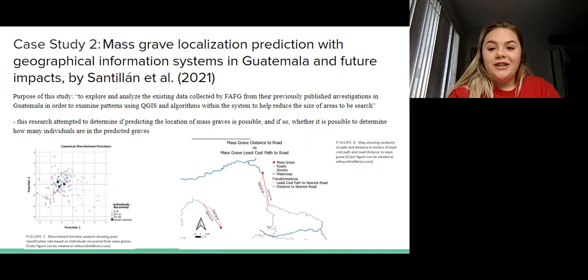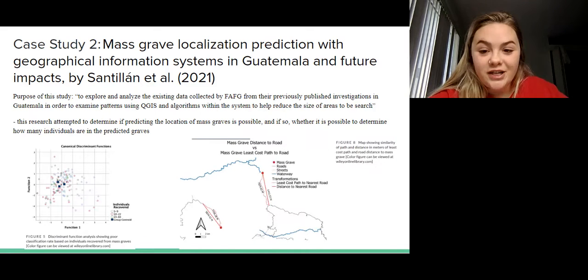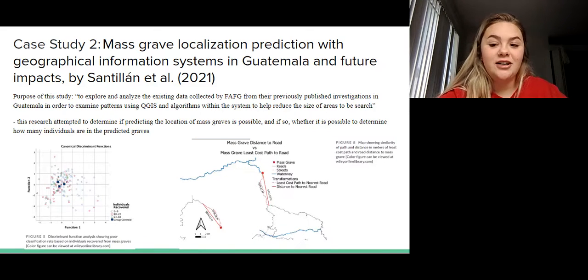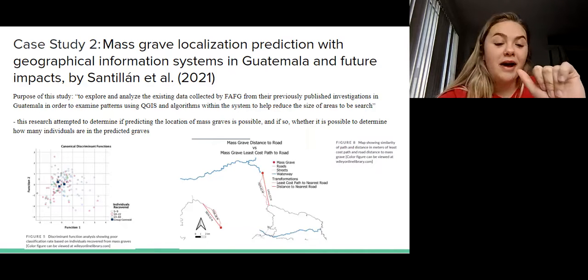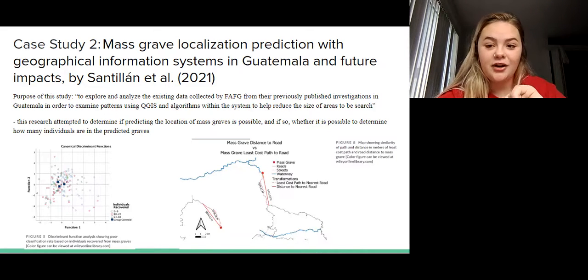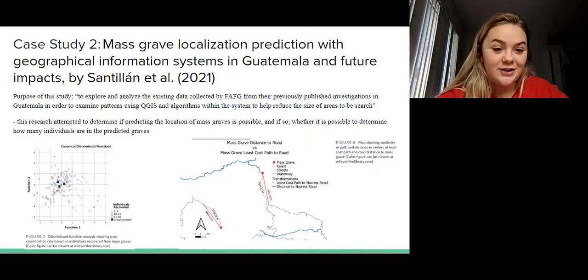So after the mass grave data set was converted into a shapefile using the GIS add tabular data tool, then the digital elevation map was added as a raster layer, and roads, streets, waterways, points of interest, and administrative boundaries, so again, those features that we're considering, were then added as vector layers. So that was another dimension.